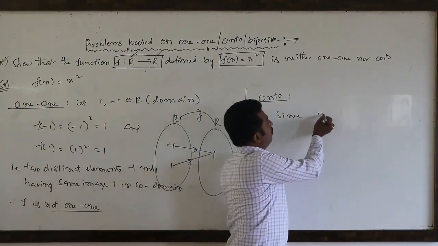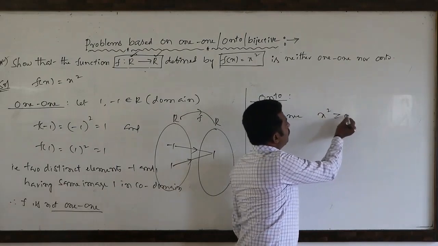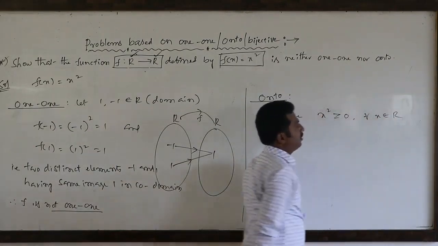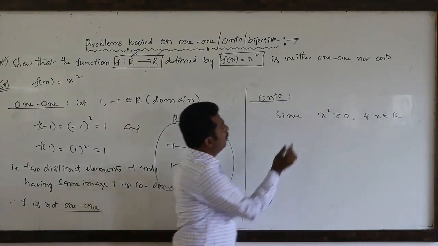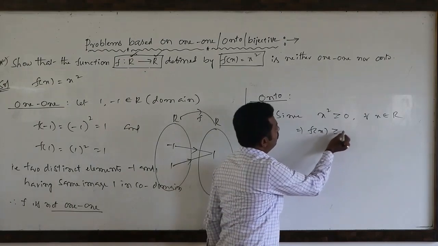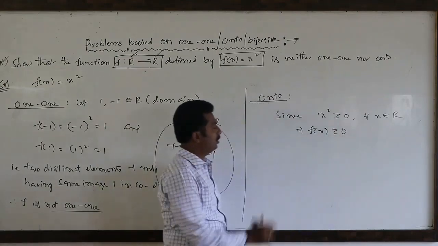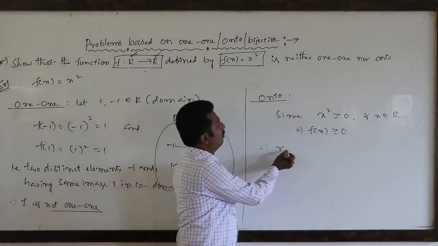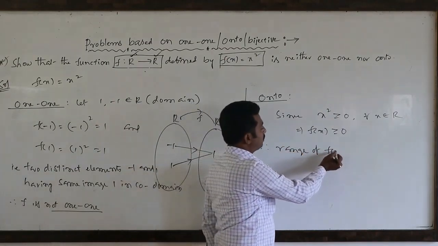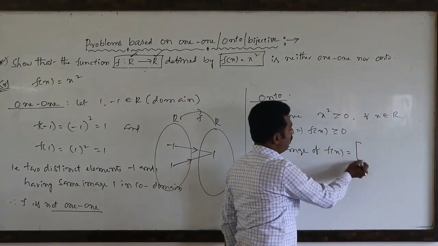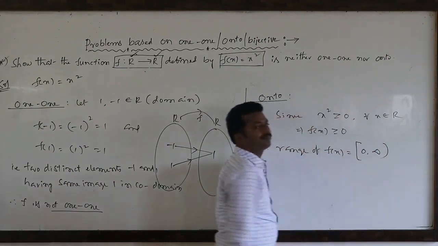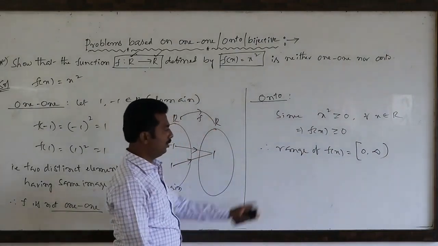Since the square of any real number is always non-negative, for every x belonging to real numbers, x square, that is f of x, is always greater than or equal to 0. Therefore, the range of f of x is 0 to infinity.